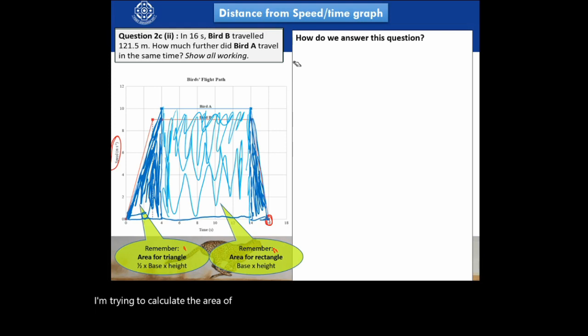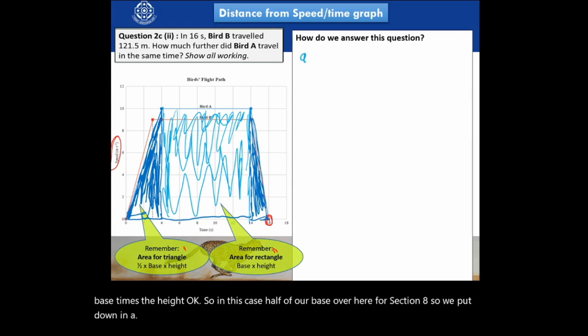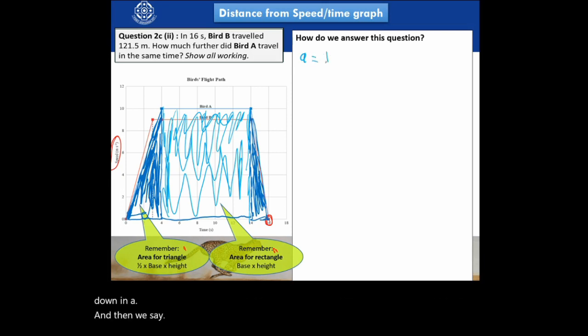You basically have half times the base times the height. So for section A, we say half times base times height.